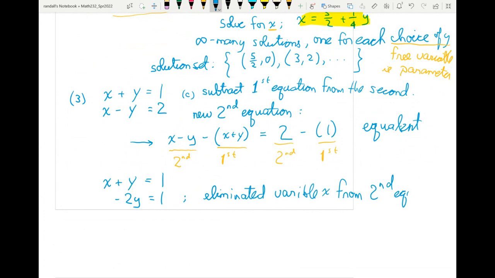But I did it in a proper way that I wouldn't affect the solution set of the system. So I added the same quantity to both sides of equation 2, and that quantity was the equation 1. So you see, as I eliminate variables, this is our process of simplifying.